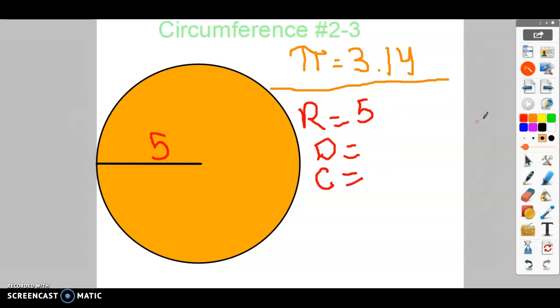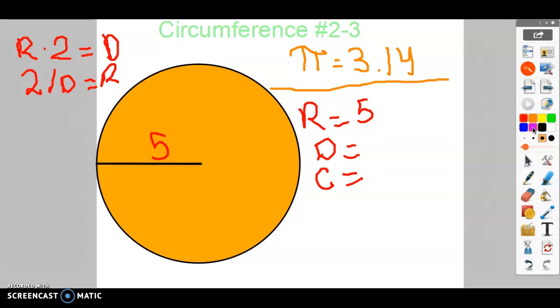So we know that to find the diameter, we have to multiply the radius times 2 to get the diameter. And to get the radius, we're going to have to divide the diameter by 2.